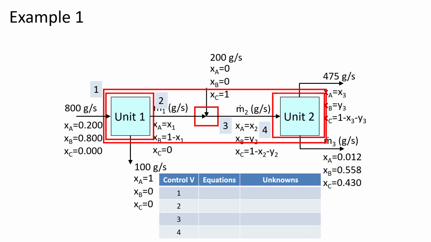Be careful of this problem because not all the control volumes have the same number of components in them. So take a moment. I would recommend pausing and see if you can fill in this table on your own. As a warning, I'm going to be moving on to the next slide in which the number of equations and unknowns are shown for each of those 4 control volumes.